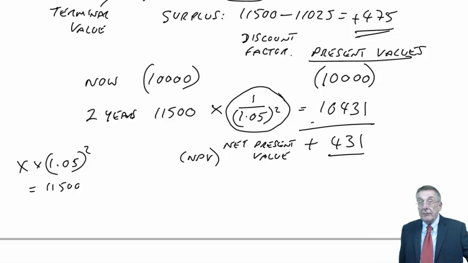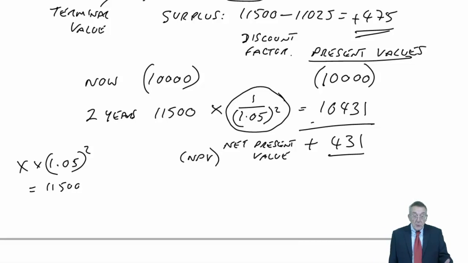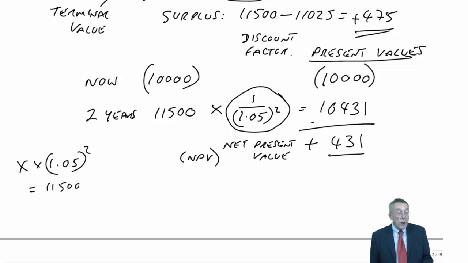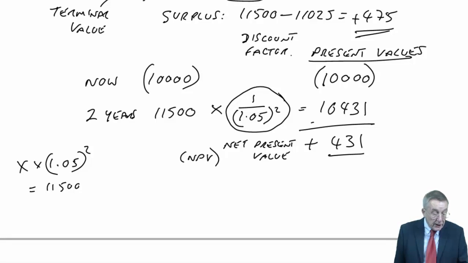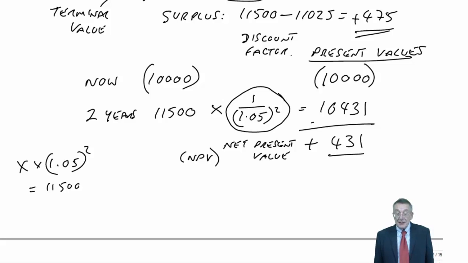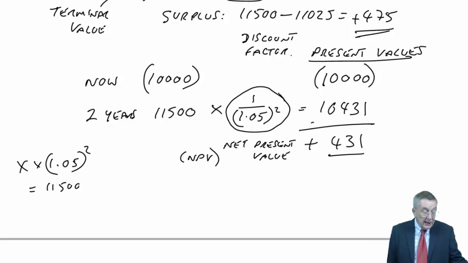If you look at the beginning of the notes, they're on page 3. In fact, you get two sets of tables, present value tables, annuity tables. If you look at the present value tables, they will tell you the discount factor, the number we multiply by, for any rate of interest up to 20%, for any number of years up to 15.